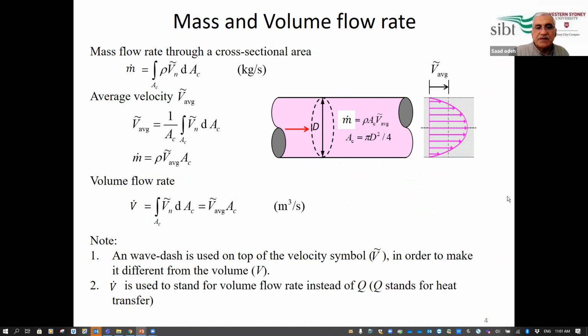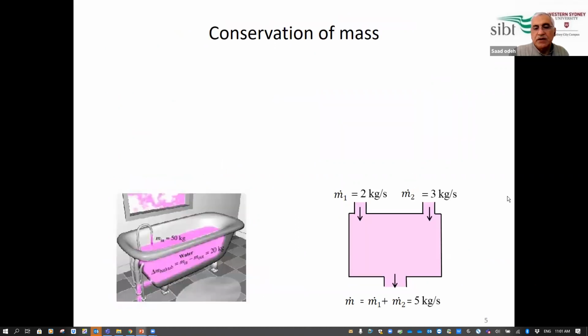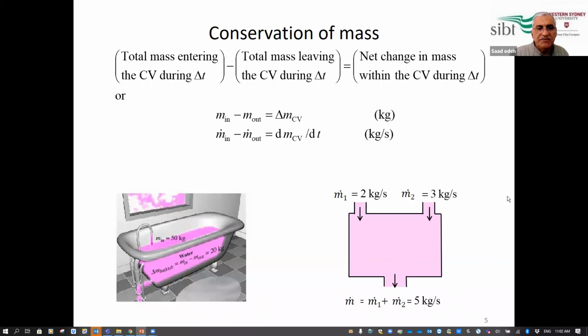Okay. So now let me show you what we mean by conservation of mass. In these two examples, let's say we have this bathtub, and I have flow from the tap going inside the bathtub, and the flow rate here is 50 kilogram.